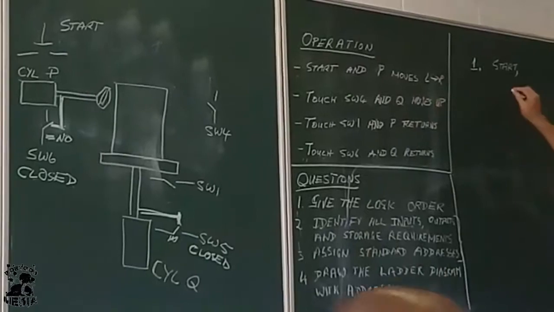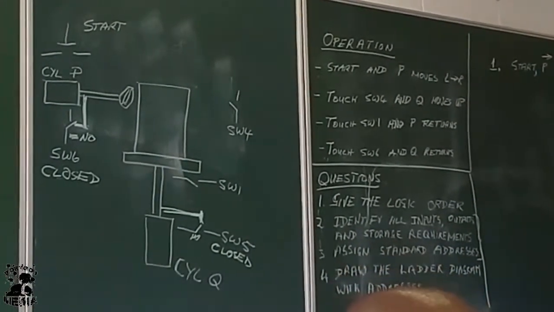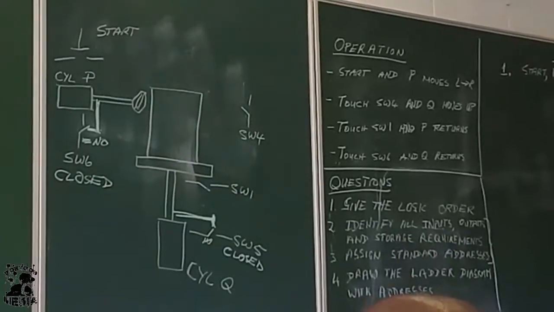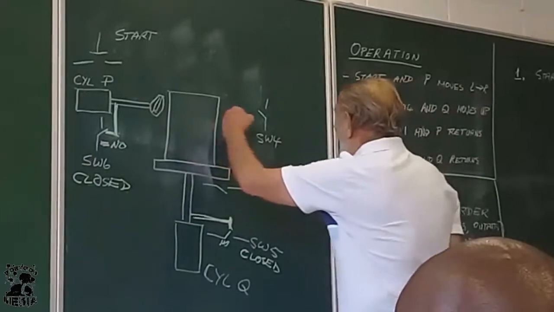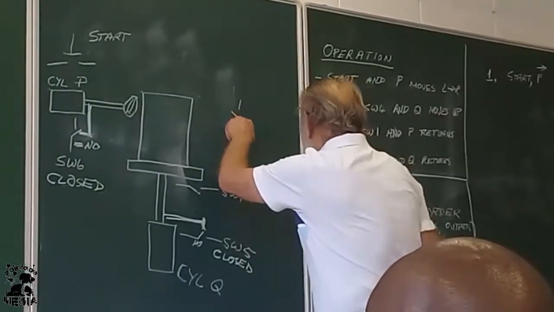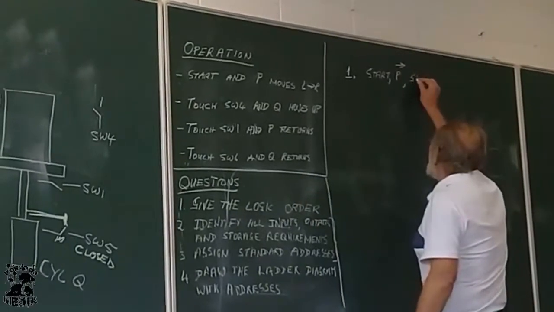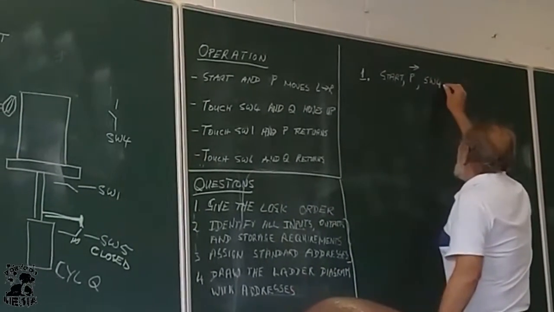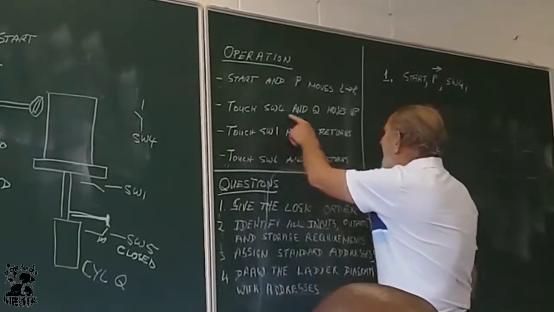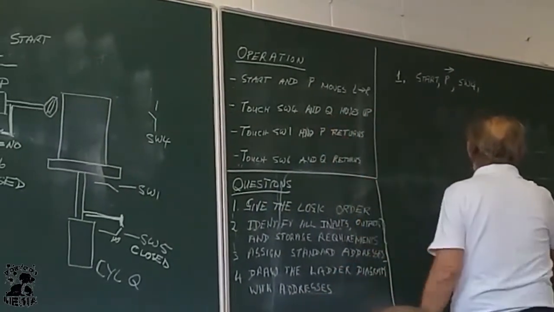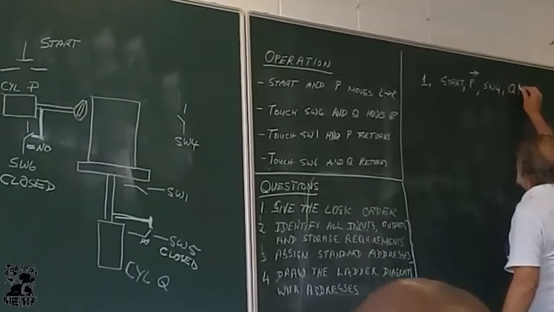P is moving left to right. So P is moving in that direction. What will happen then? You can see it from the sketch and it's written here, it's going to touch switch 4. What must happen if it touches switch 4? Here it says Q moves up. So Q is going to move up.